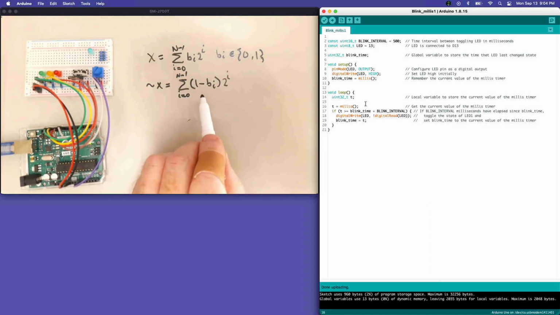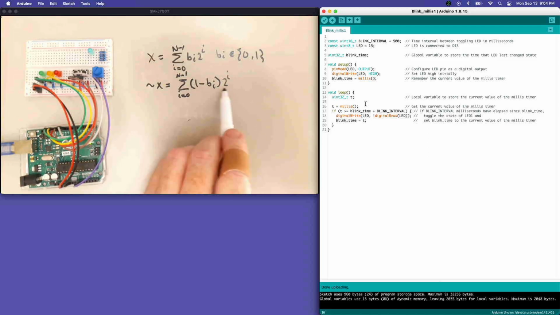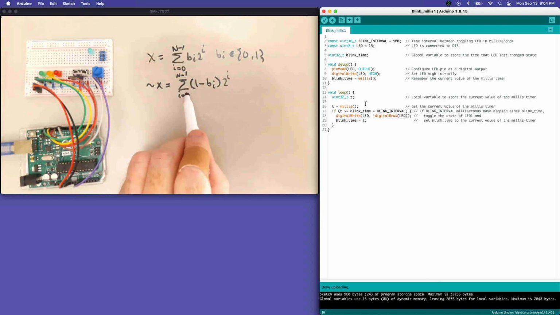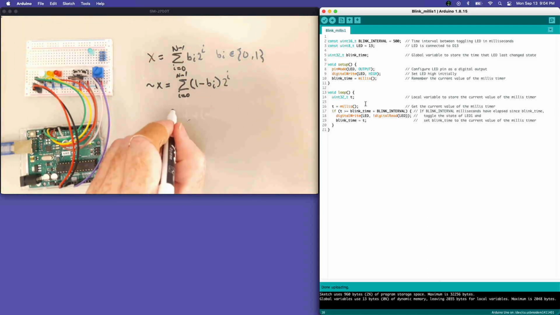And now we can just do some simple math on this. If we like, we can distribute the 2 to the i through this difference, into the parentheses, and break this up into the sum of two things.